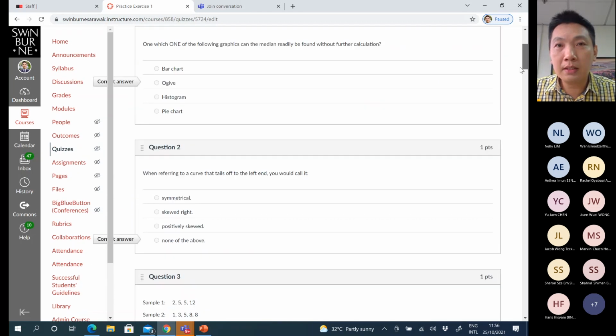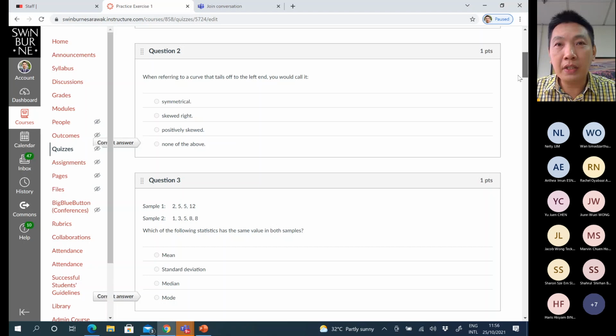All right. Like this. Okay. When referring to a curve that tails off to the left, what do you call it? Symmetrical, skewed right, positively skewed, none of the above. Okay. If you think this answer is correct, then you just check this answer. Then continue the remaining questions.